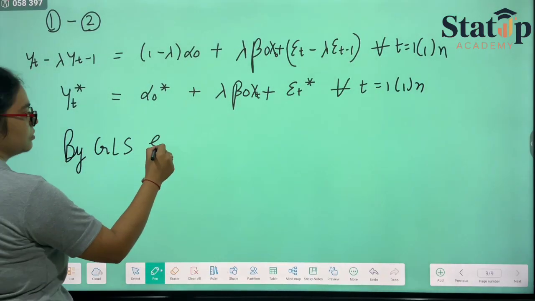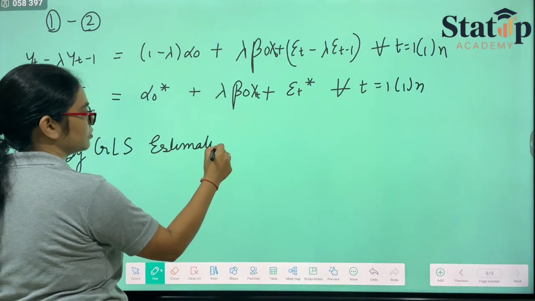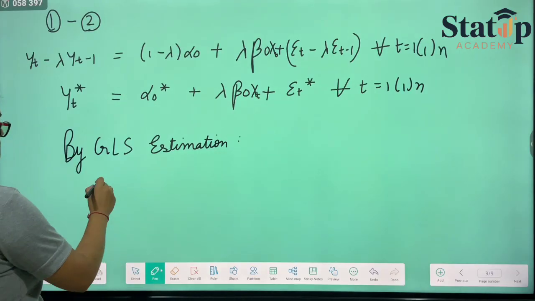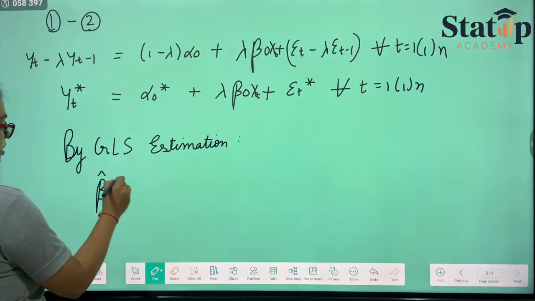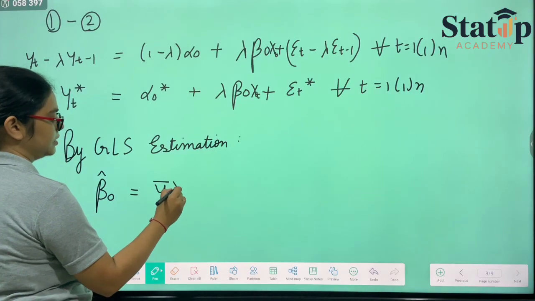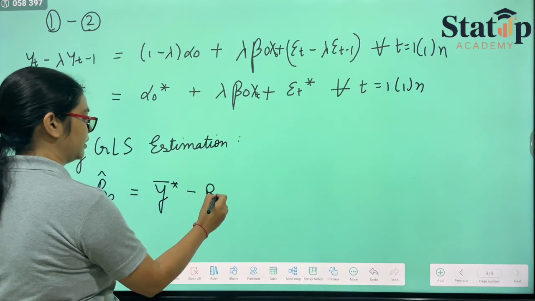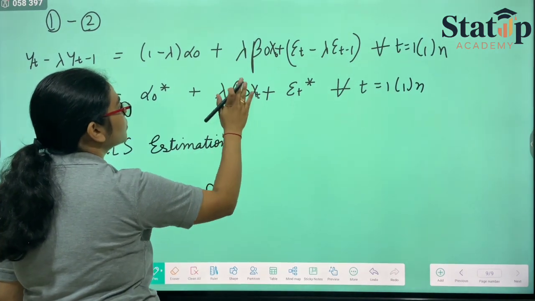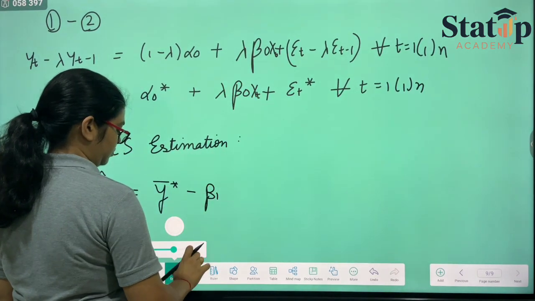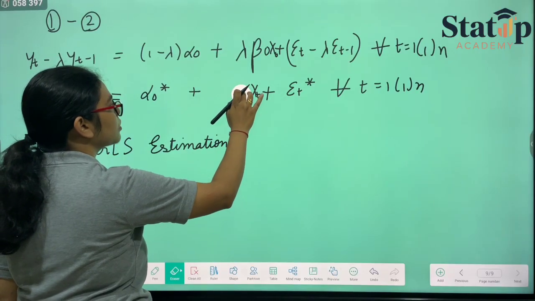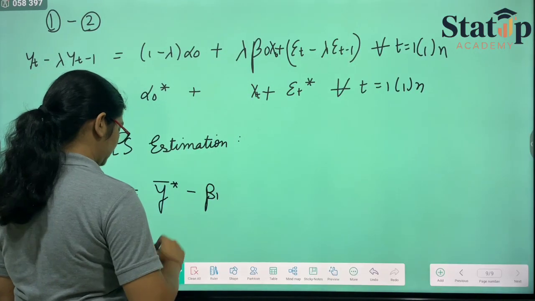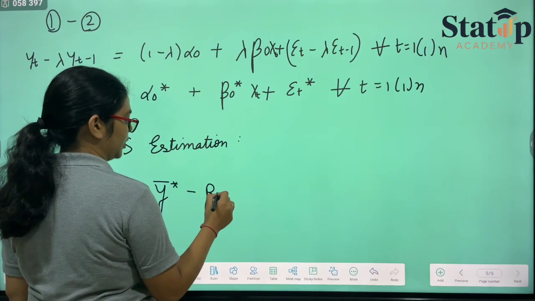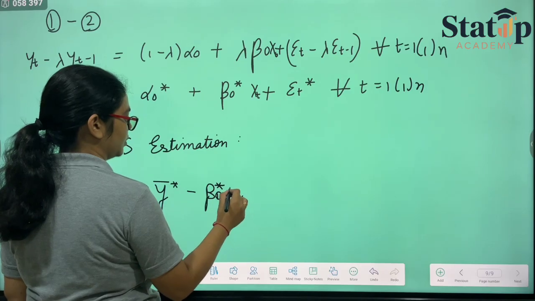By GLS estimation, we will get beta naught cap star, which is nothing but y bar star minus beta 1 cap star x bar star.